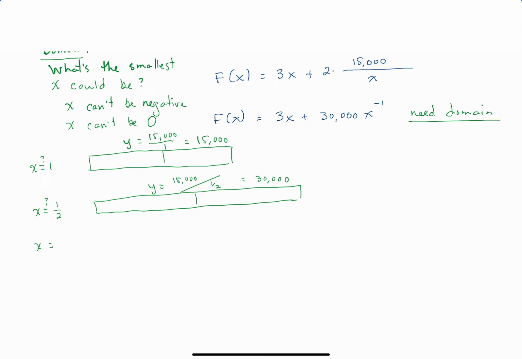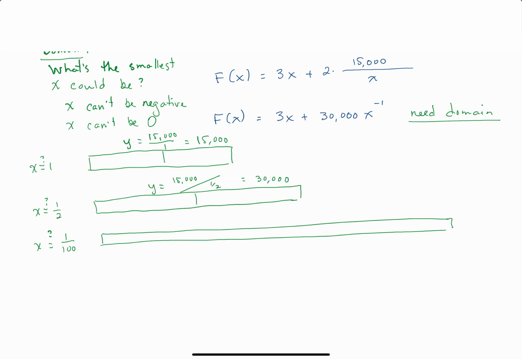Could x be 1/100th of a foot long? Yes, it could be. Because then y would just have to be 15,000 divided by 1 over 100, which would be, let's see, that would be 15,000 times 100.